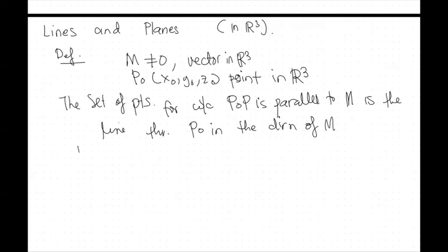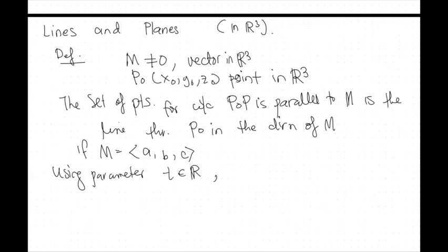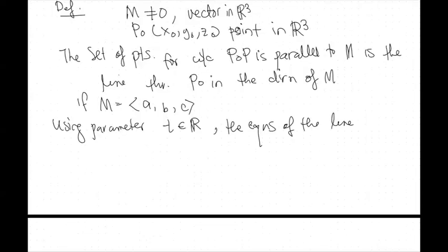And then if M is given by (a, b, c), then using parameter t in R, the equation of the line is given by the parametric equations here.